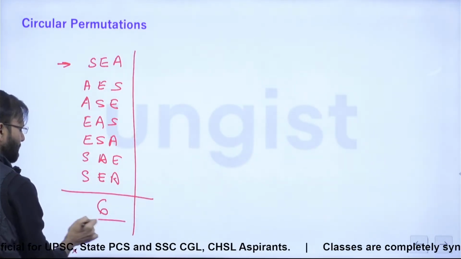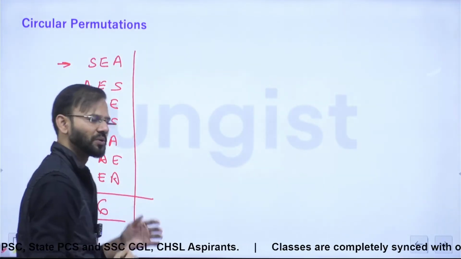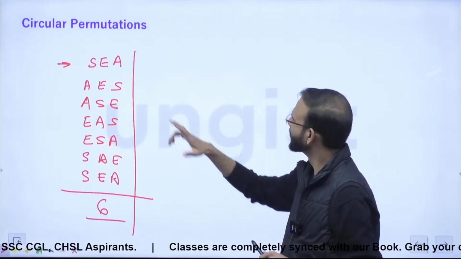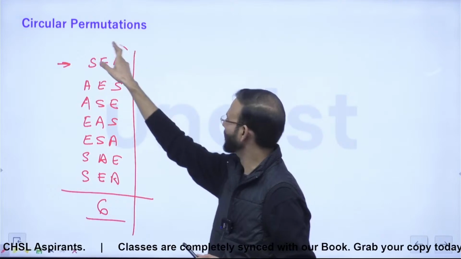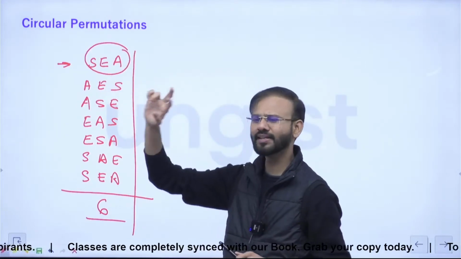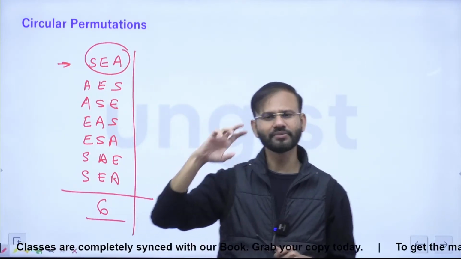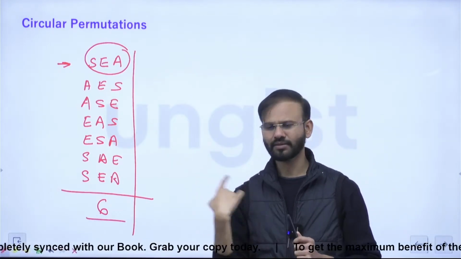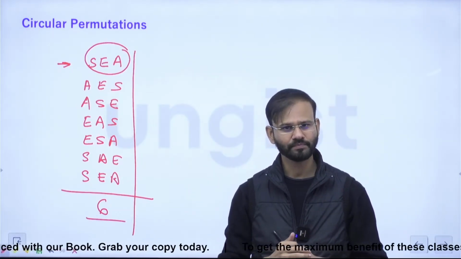So in linear arrangement, we can have 6 total words. But suppose there are 3 people, S, E, and A, and we have to make them sit around a circular table.